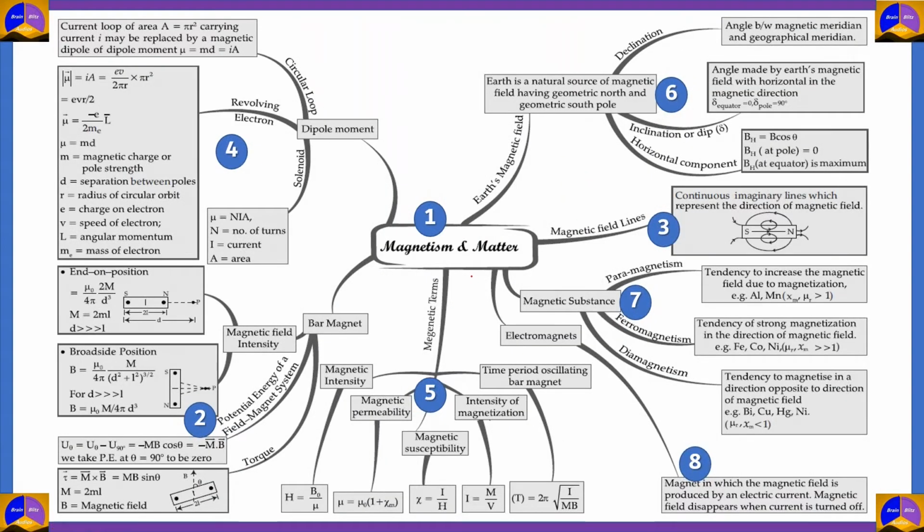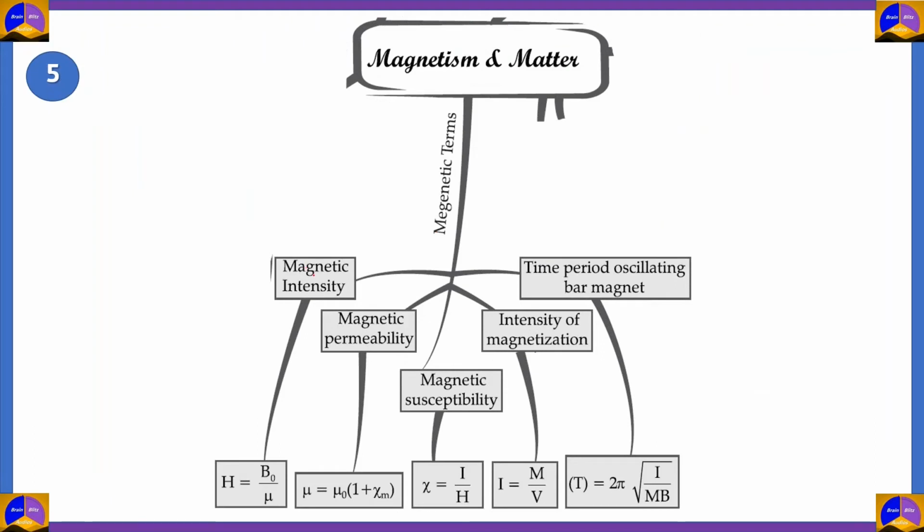Now, let's move on towards some magnetic terms. In this chapter, there are a lot of quantities which are constants, and so it's good to know some of these magnetic terms. First up, we have magnetic intensity. What exactly is magnetic intensity? Well, magnetic intensity is the degree to which a field can magnetize a material.